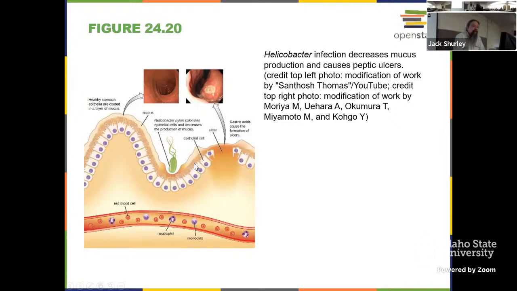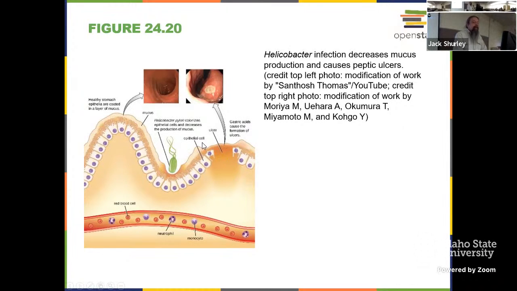It sets the stage with some buffering capacity to neutralize the stomach acids, to create an environment that is protected so that the acids aren't destroying it. And it causes an ulcer as it makes its way in and destroys the cells going in deeper, potentially causing bleeding ulcers if we get deep enough in there.